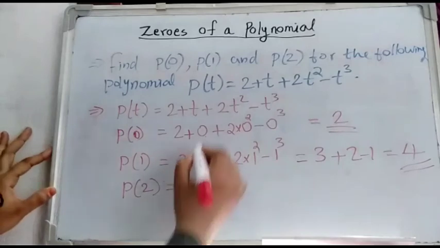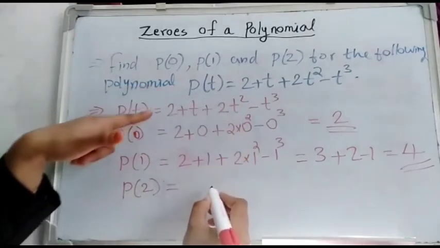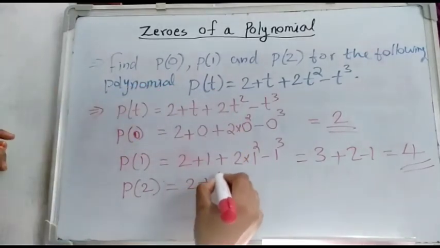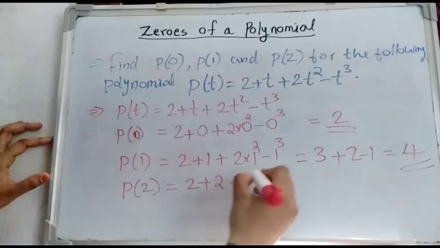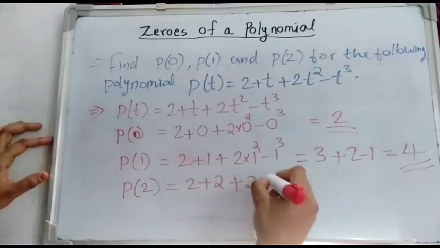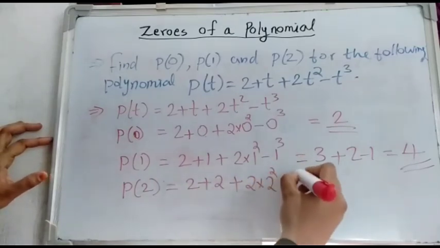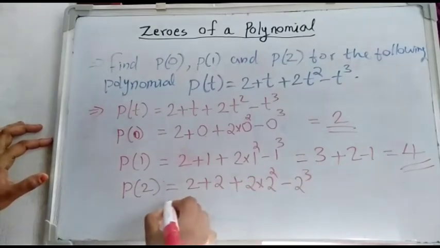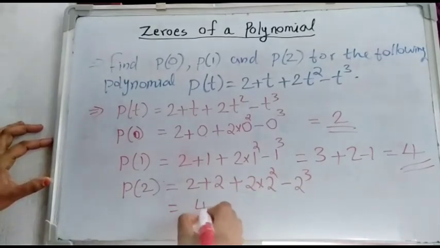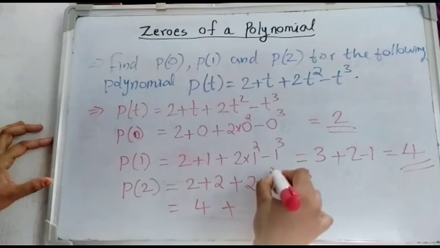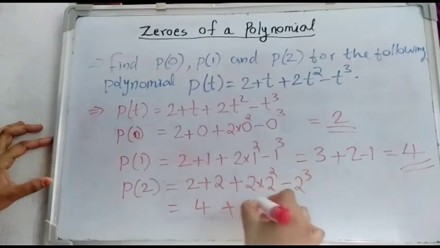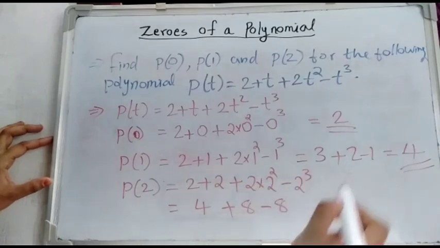Clear? So, 2 plus 2 plus 2 into t square, that is 2 square, minus 2 cube. That is 2 plus 2, 4 plus 2 square, 4 into 2, 8 minus 8. 2 cube, 8.